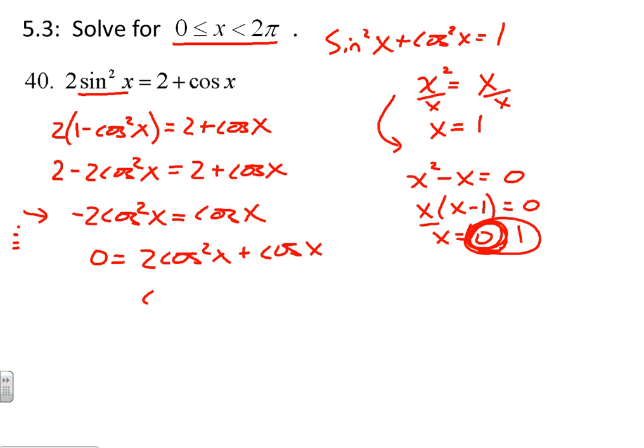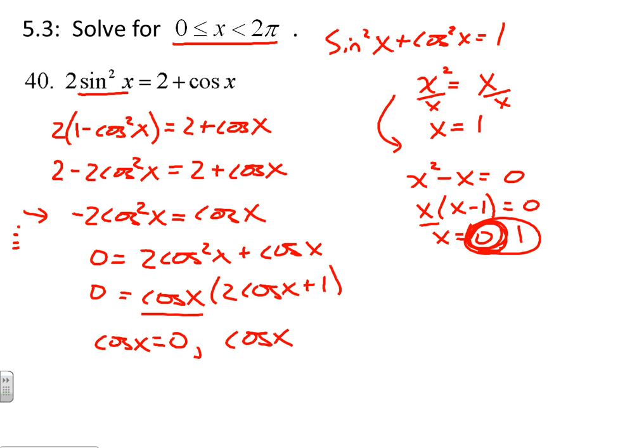I'm going to factor out cosine of x. And now I see, okay, now I've got factors. Either cosine of x is equal to 0, or cosine of x is equal to negative 1 over 2. And I'm going to find out where that can happen.